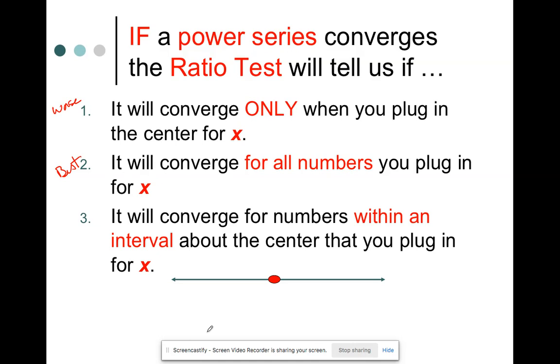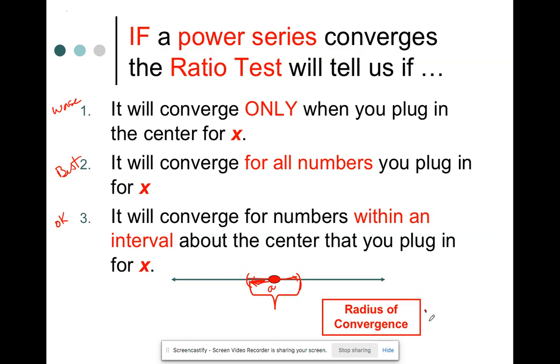And what is that radius around my center? There's my radius of convergence. How far right and how far left can you go without including the actual endpoints? What distance can you go from the center, right and left? That's the radius of convergence.